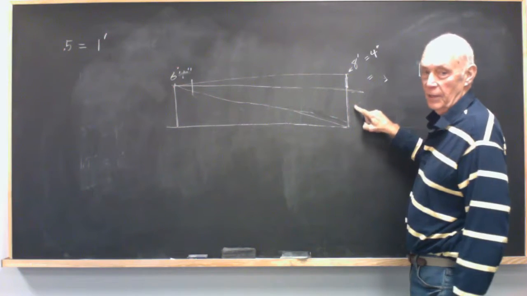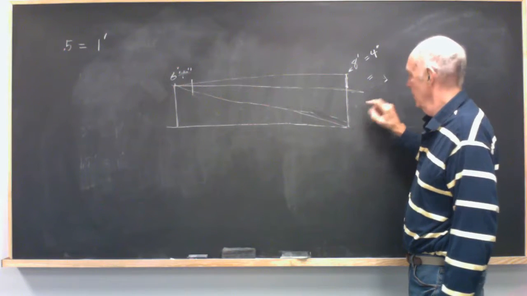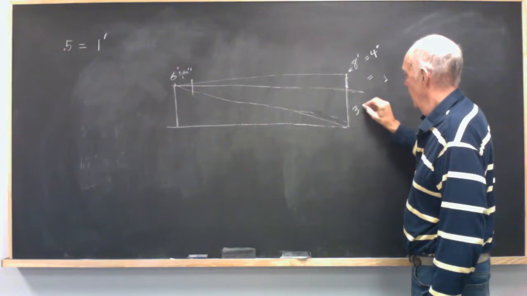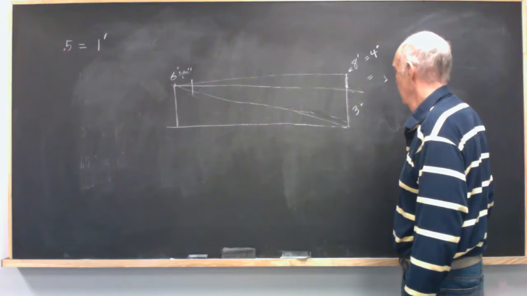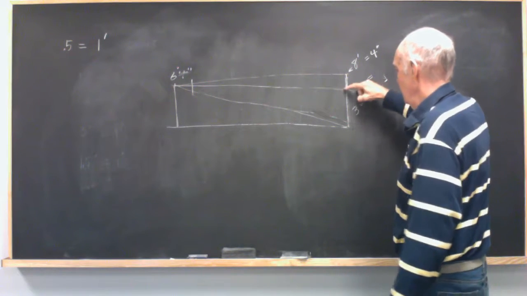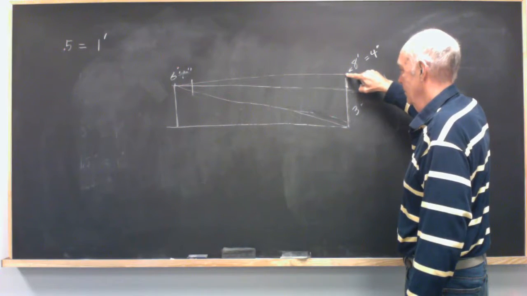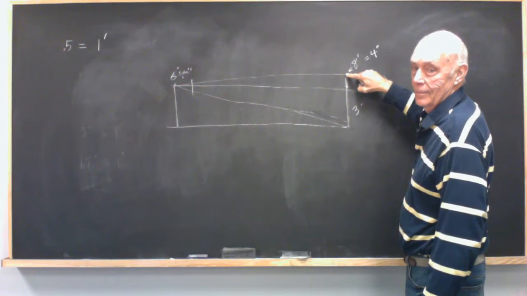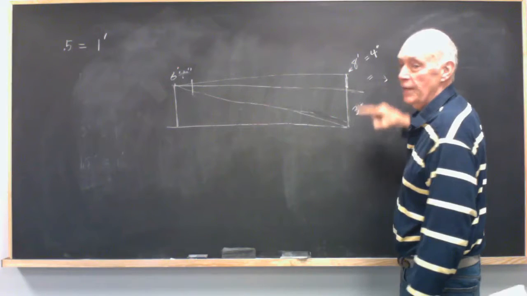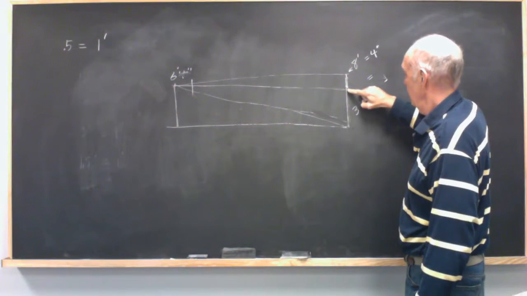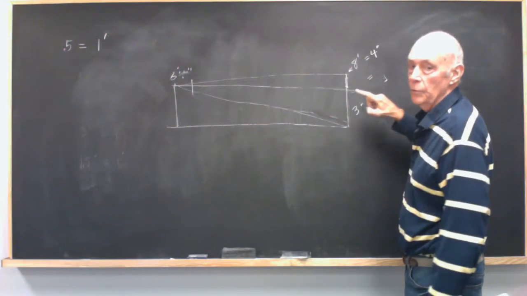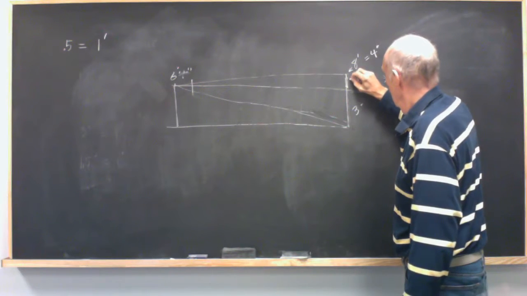Then what's this going to be to scale? 3 inches. What's this going to be? Or 2 feet, right? 6 feet, 2 feet. So what's 2? So this is 1 inch.